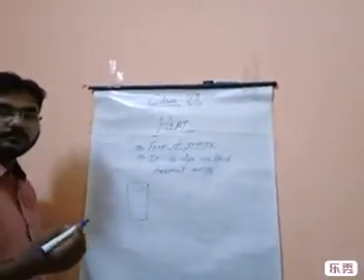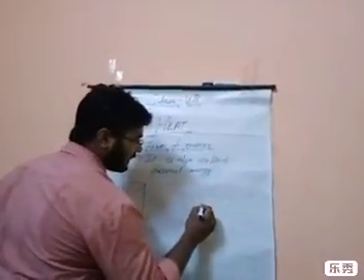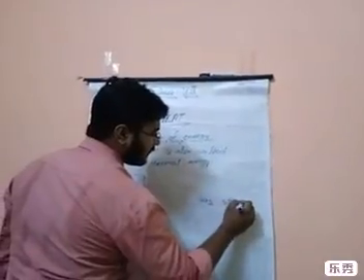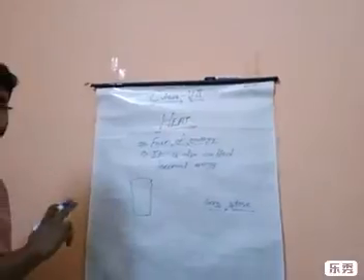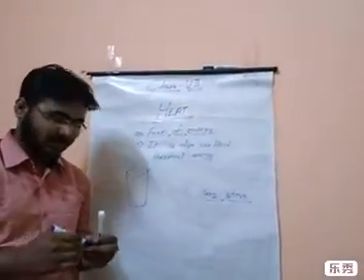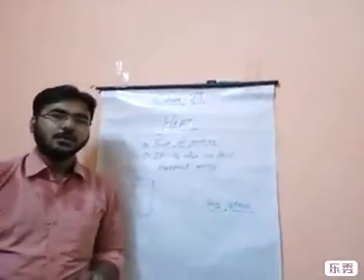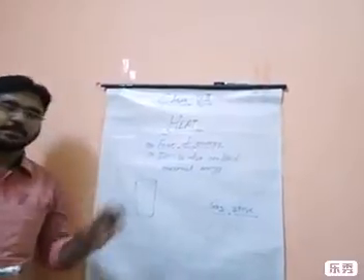Another thing we will take, a stove. I will write gas stove. This is a steel glass, a tumbler glass. Why have we taken this example? We will go through each and every characteristic through these examples.